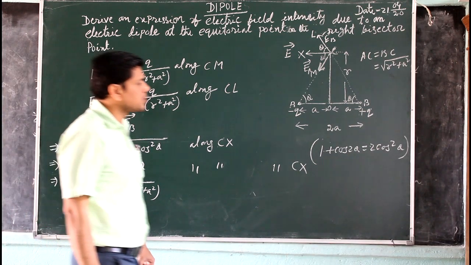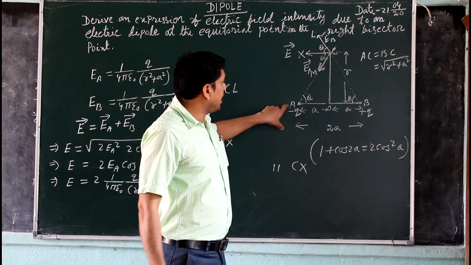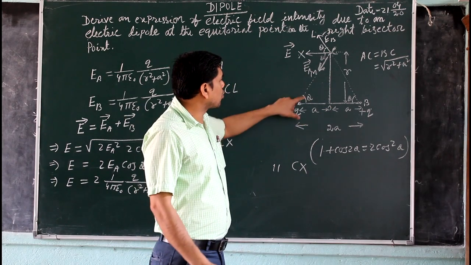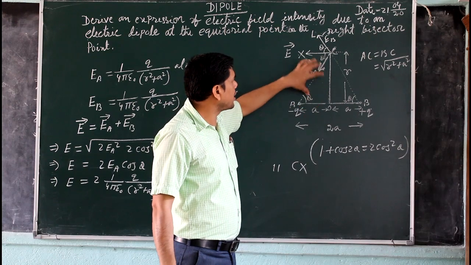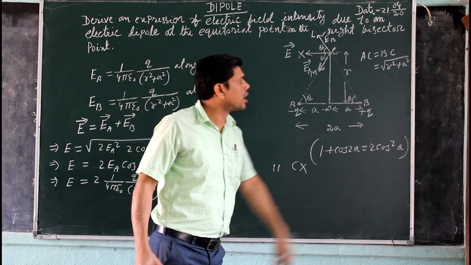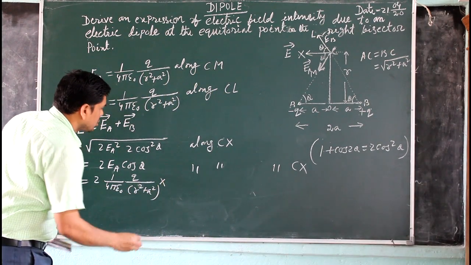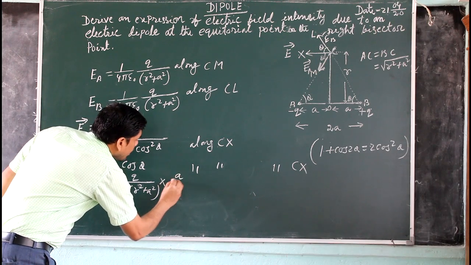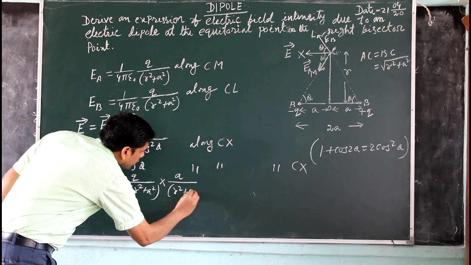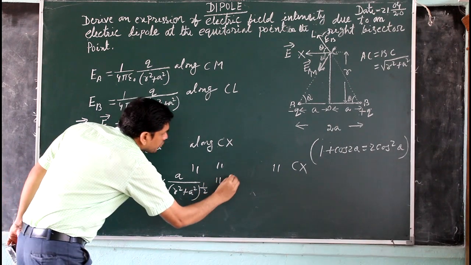By using this figure, AOC is a right angle triangle, this angle is theta. So cos theta is base by hypotenuse. Here base is a, hypotenuse is root over r square plus a square. So in place of cos theta, a by r square plus a square whole to the power 1 by 2.